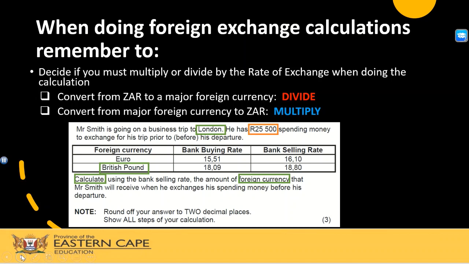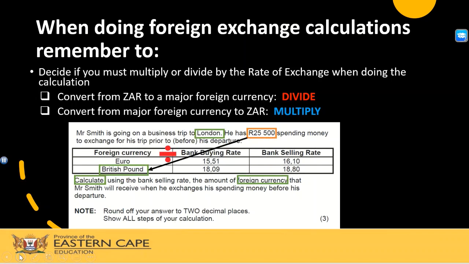So it is extremely important that you remember when you must multiply and when you must divide. So in this case, we have our 25,500 rands. We need to know how many pounds we will have. So we are going from rand to British pound, which requires us to divide.